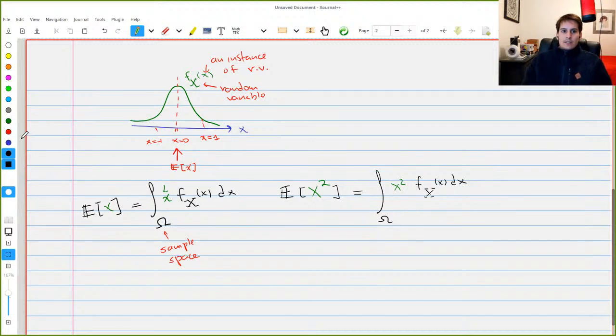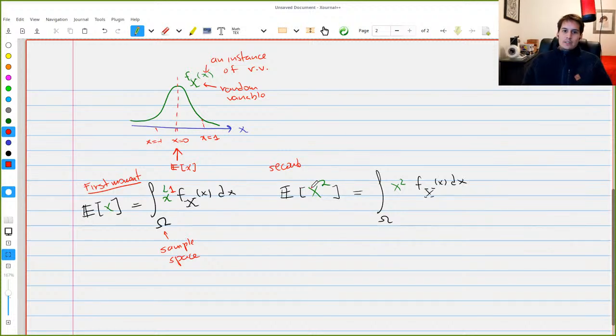And this is known also as the first moment, because this is x to the first power, first moment. And this is the second moment.